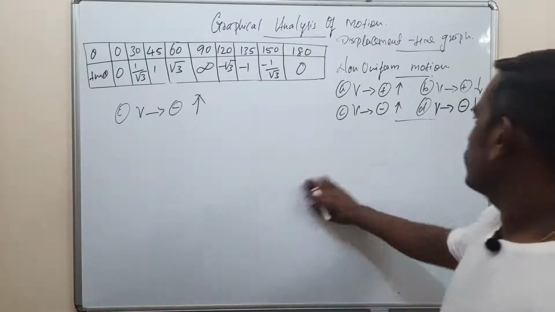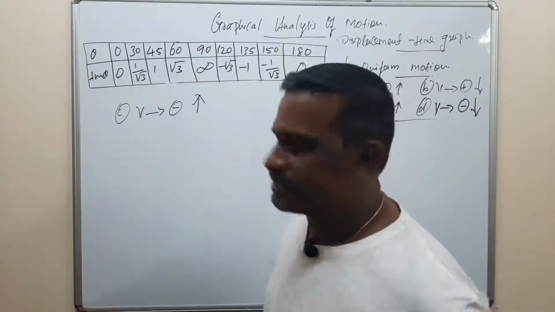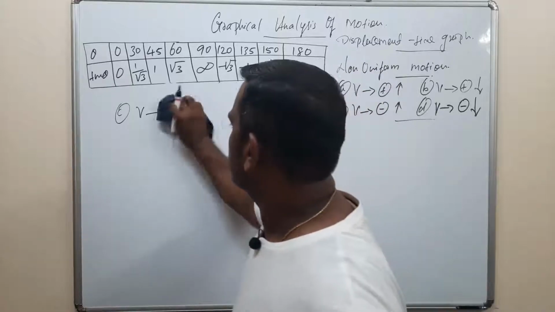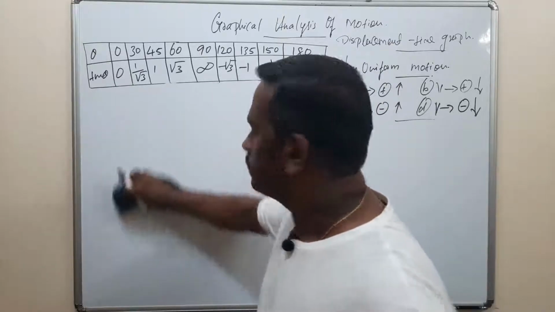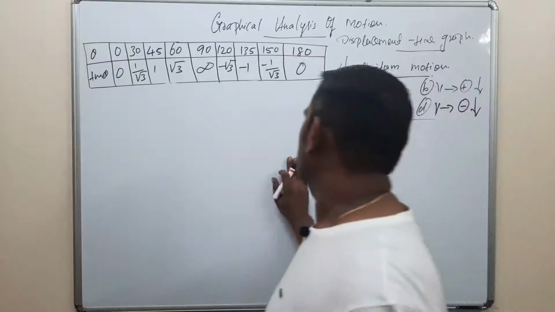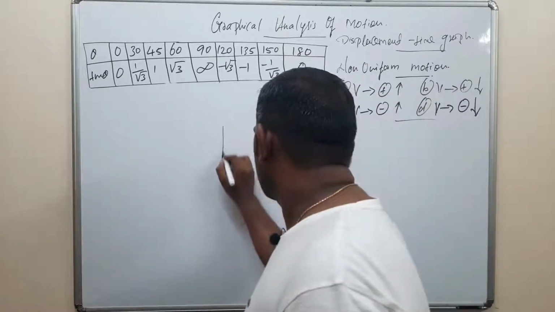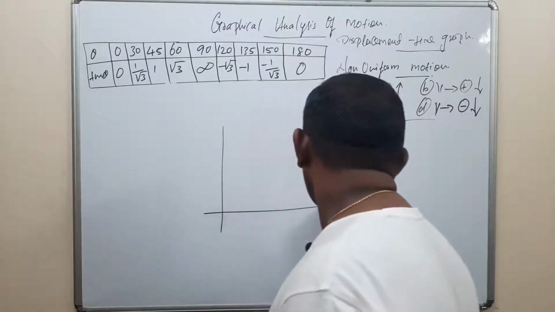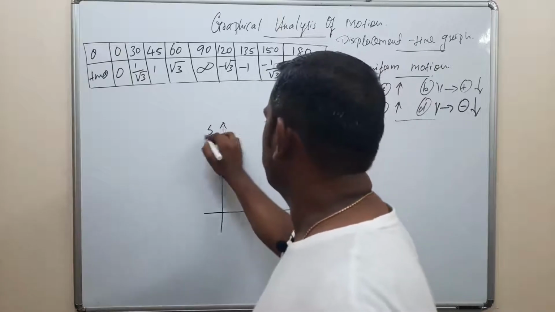Okay, the last case, velocity negative decreasing. So displacement time graph.